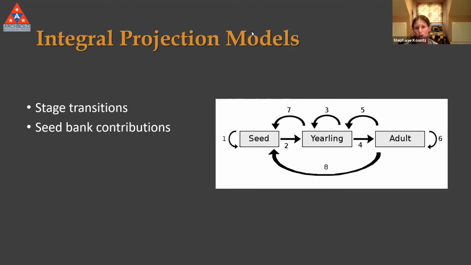What we have in this figure is a progression of what individuals can do at different life stages. I'm not going to go through all of them today, but I'm definitely going to highlight some of them. It shows that we can have seeds remaining in the seed bank, that's our step one with that arrow going back. But we can also have seeds that germinate and become yearlings, that's our step two. Yearlings, if they survive, will become adults, which is our step four. And then adults have multiple choices.